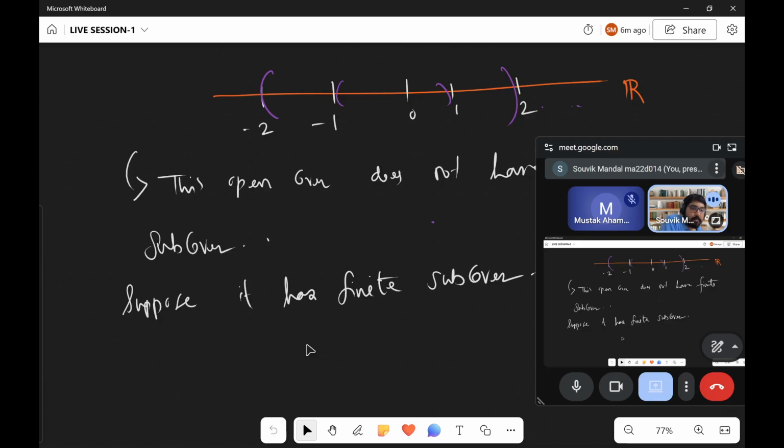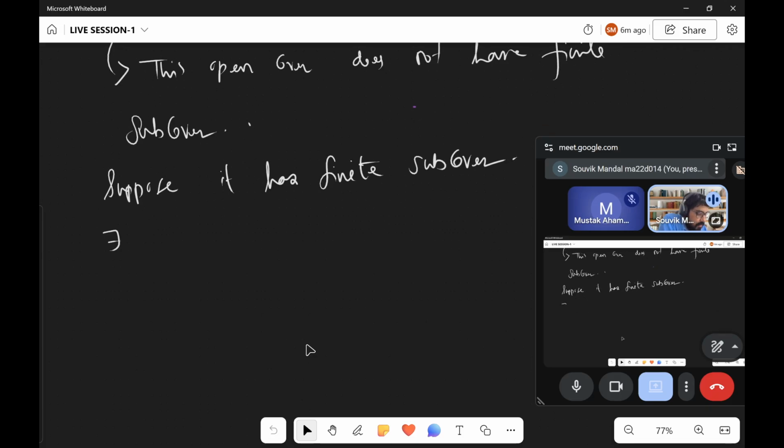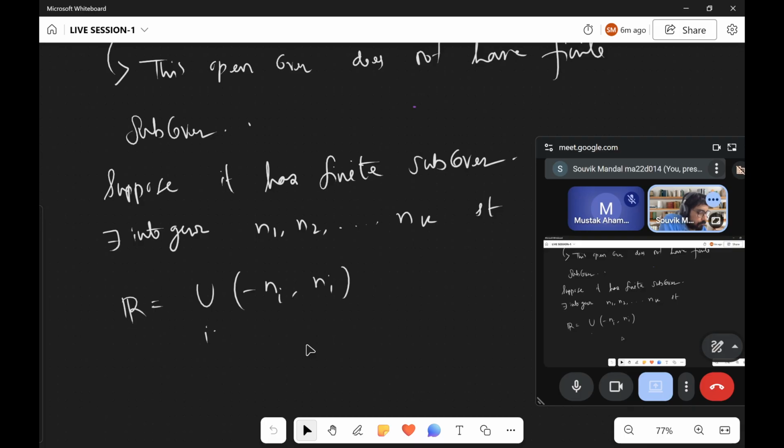That means there exist integers n_1 to n_k such that R equals the union of (-n_i, n_i), i equal to 1 to k, correct?